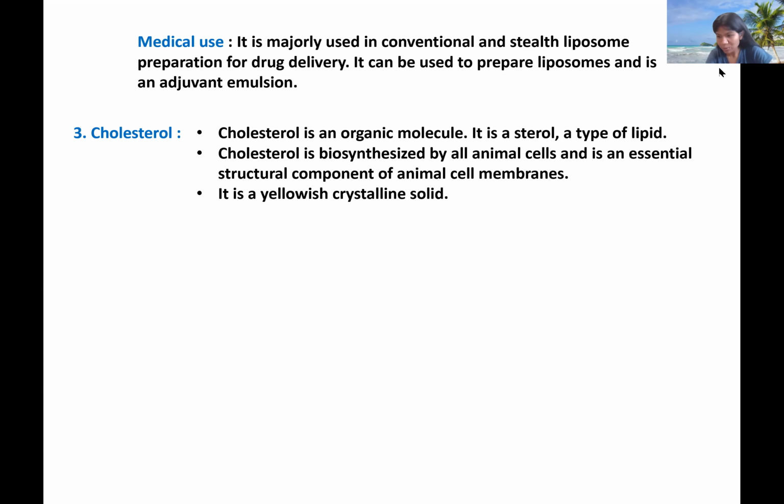It looks bright yellow in color. As we all know, we also have cholesterol within our human body. It helps us make hormones, make vitamin D, and some substances that help digest food.